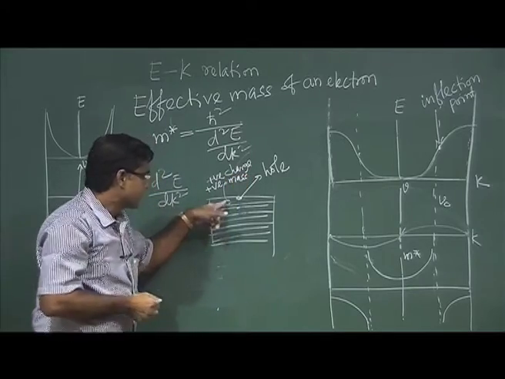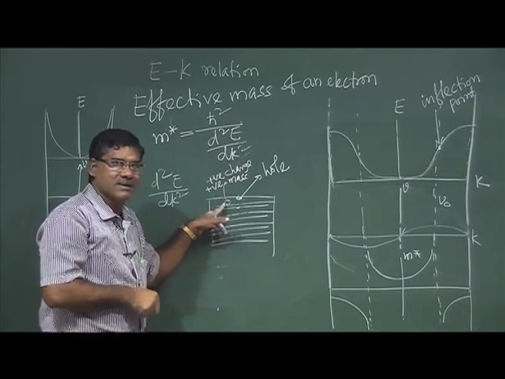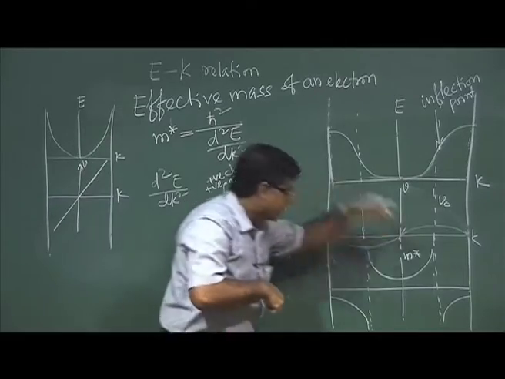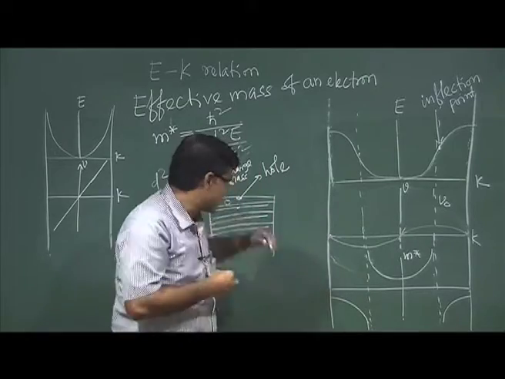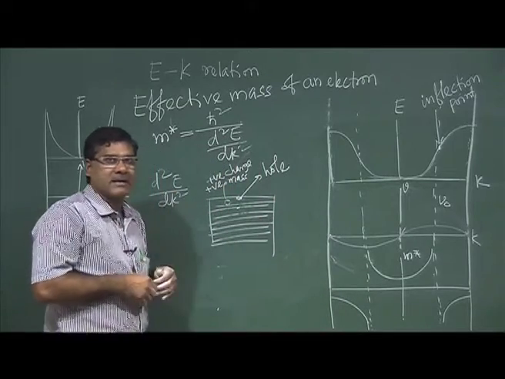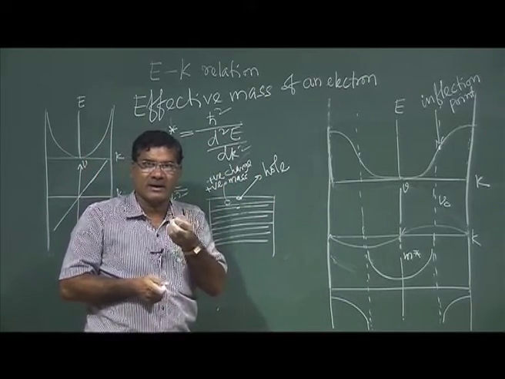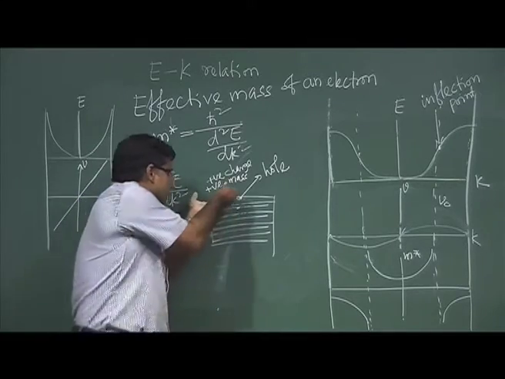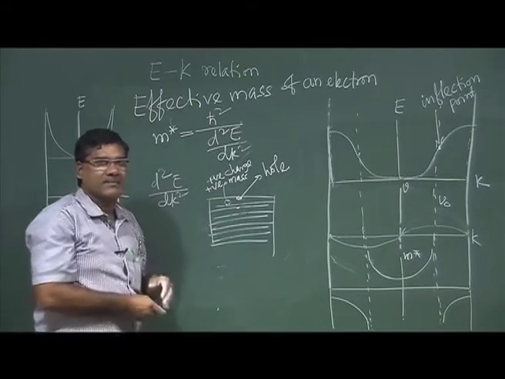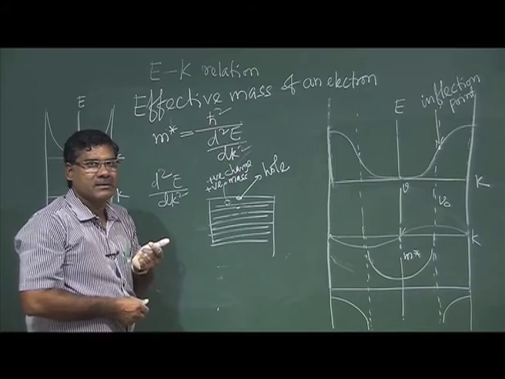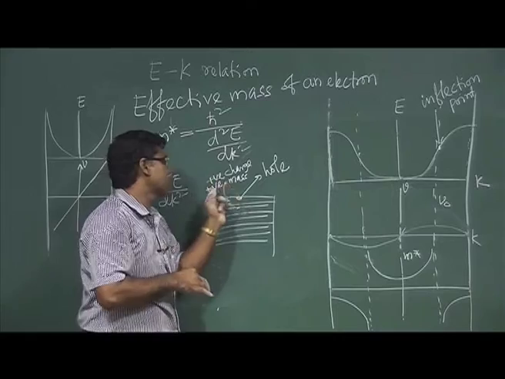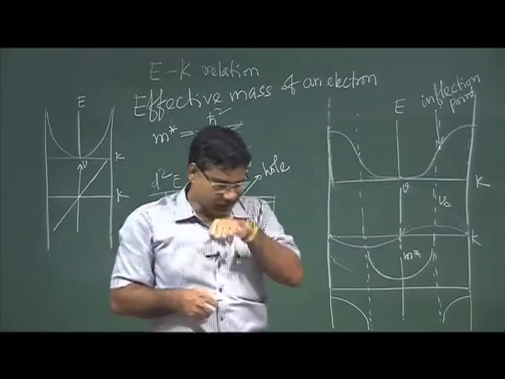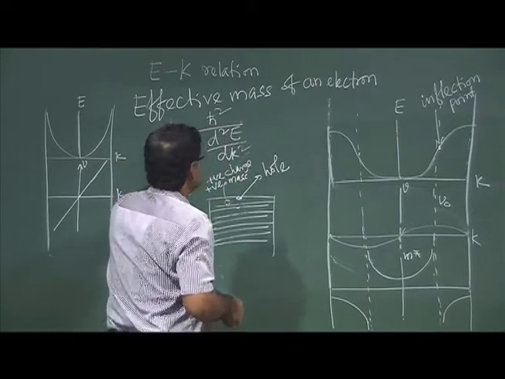Generally we find holes at the top of the band. So the absence of that electron having negative charge and negative mass is equivalent to a hole which has positive charge and positive mass. Okay, so these are very interesting.